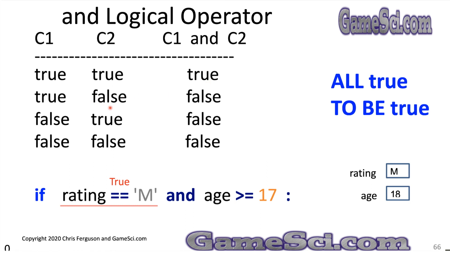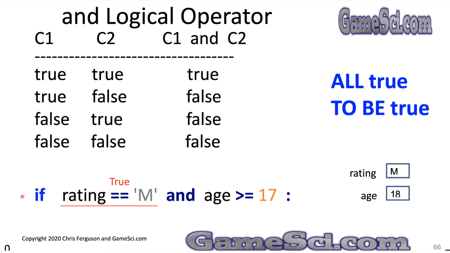But if any input whatsoever to the AND logical operator is false, then the AND evaluates to false. The way I remember it is all true to be true. The only way the AND logical operator will be true is if all the inputs are true. Otherwise, it'll be false.